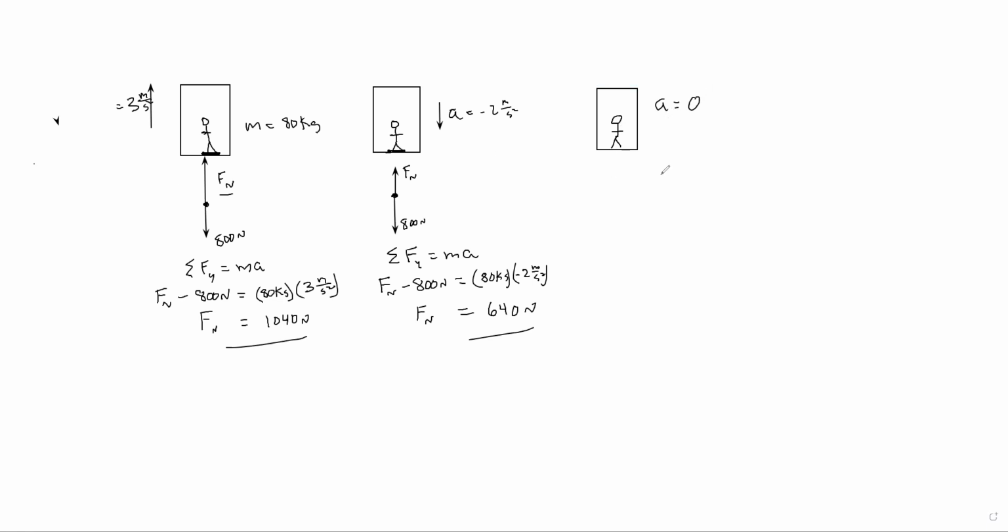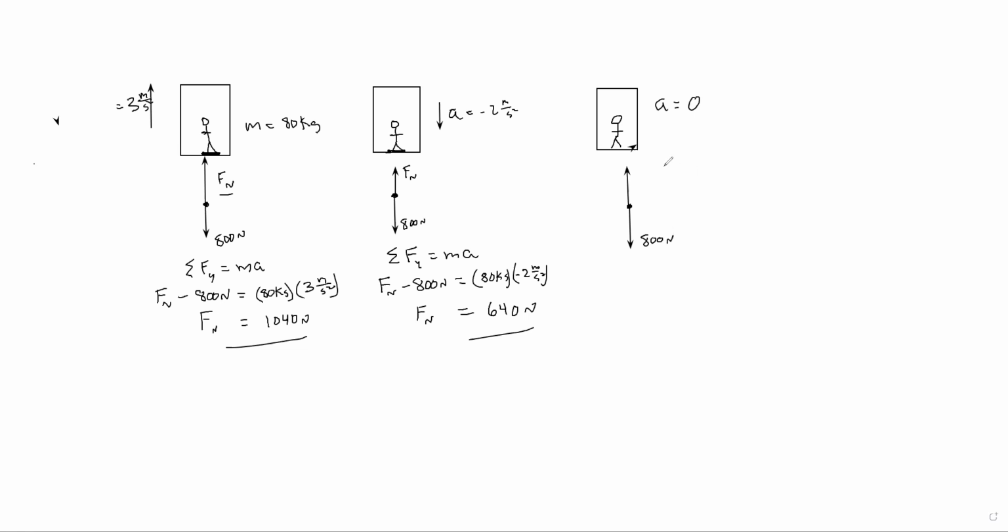You can see in that case, we have a force of gravity of 800 still, and we have a normal force. If it's at constant velocity, these have to be the same.